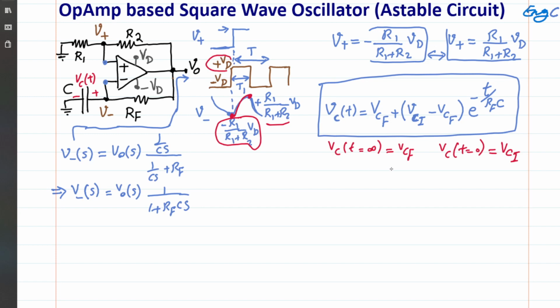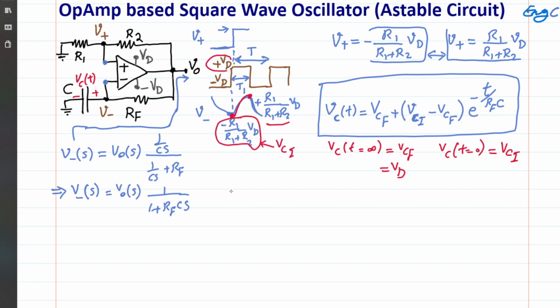So all I'm trying to say is during this charge up process, the VC final would have been VD, and the VC initial obviously is the initial value, which is here. This is VCI.